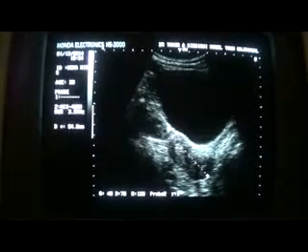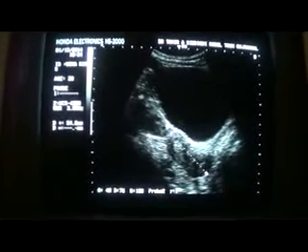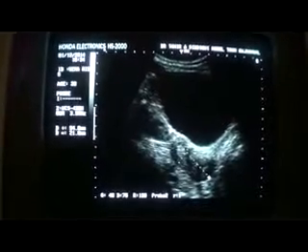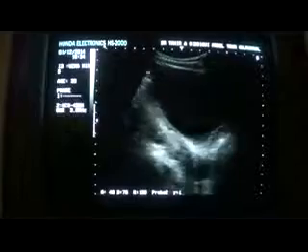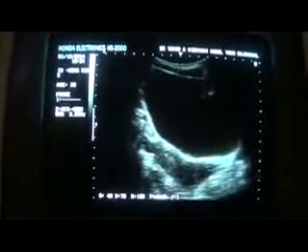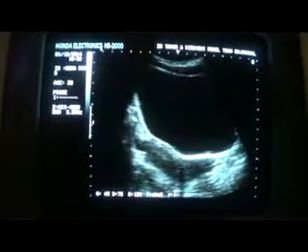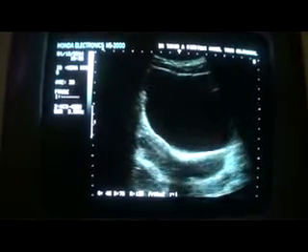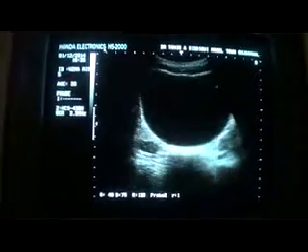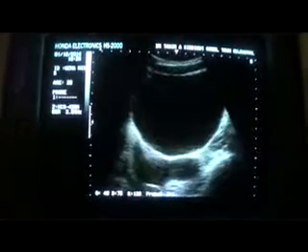It measures 5.4 by 2.1, and is relatively hypoplastic in this view, but the view is not proper. I'm going to explain why the view is not proper.